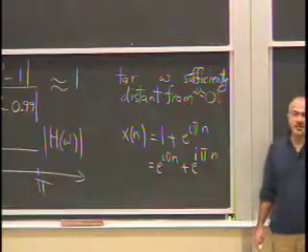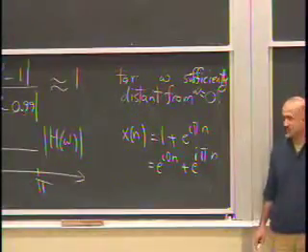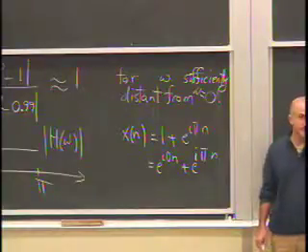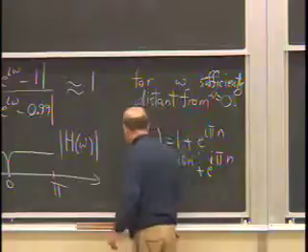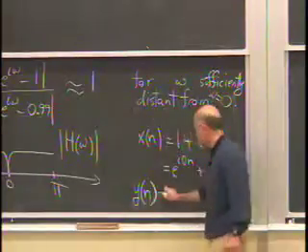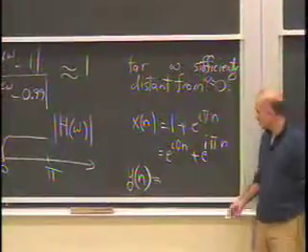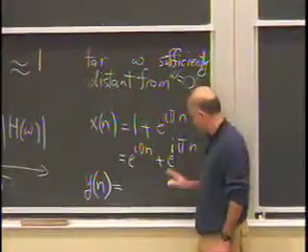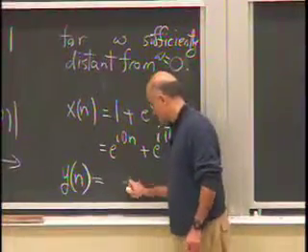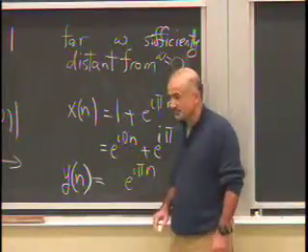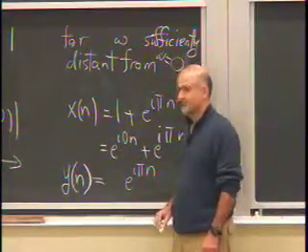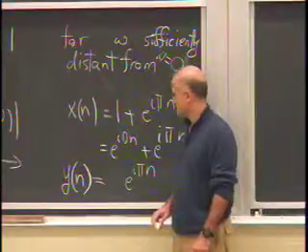You know what's going to happen to 0. It's gone. It's butchered. So y of n is going to be what? e to the i pi n times what? Is it 1?